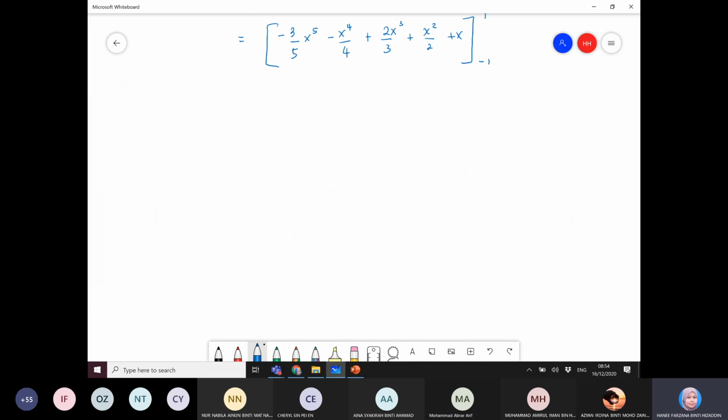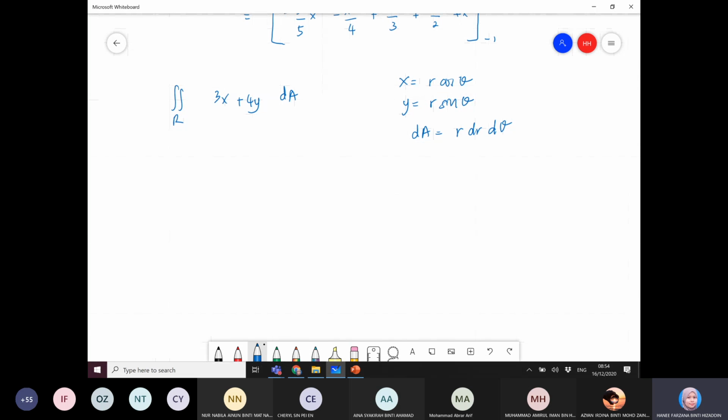Okay, so let's do this example. We want to integrate over the region R of 3x plus 4y dA. So x is r cos theta, y is r sin theta, and dA is r dr d theta. You know that r is between 1 and 2 and theta is between 0 and pi.